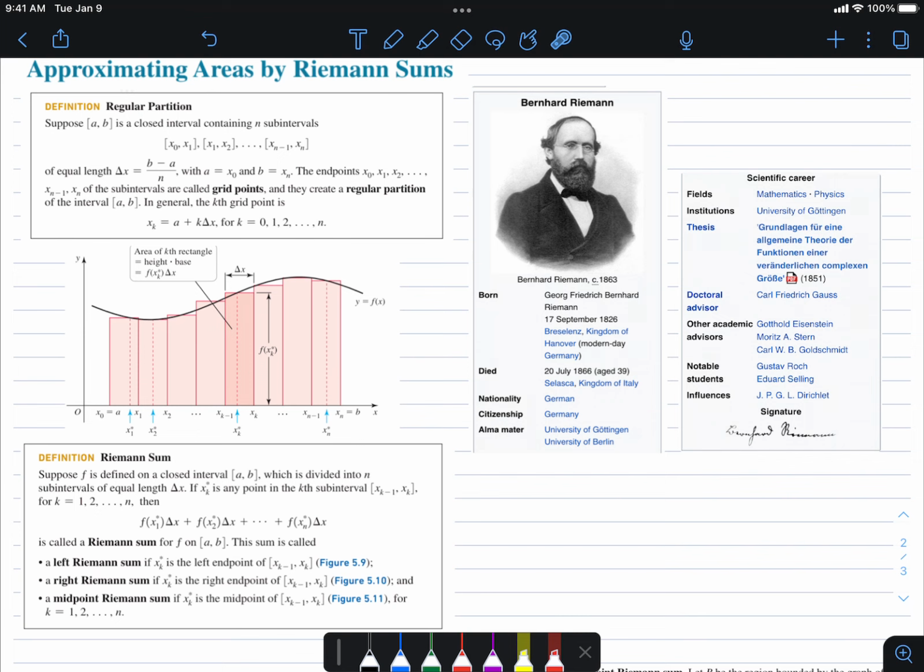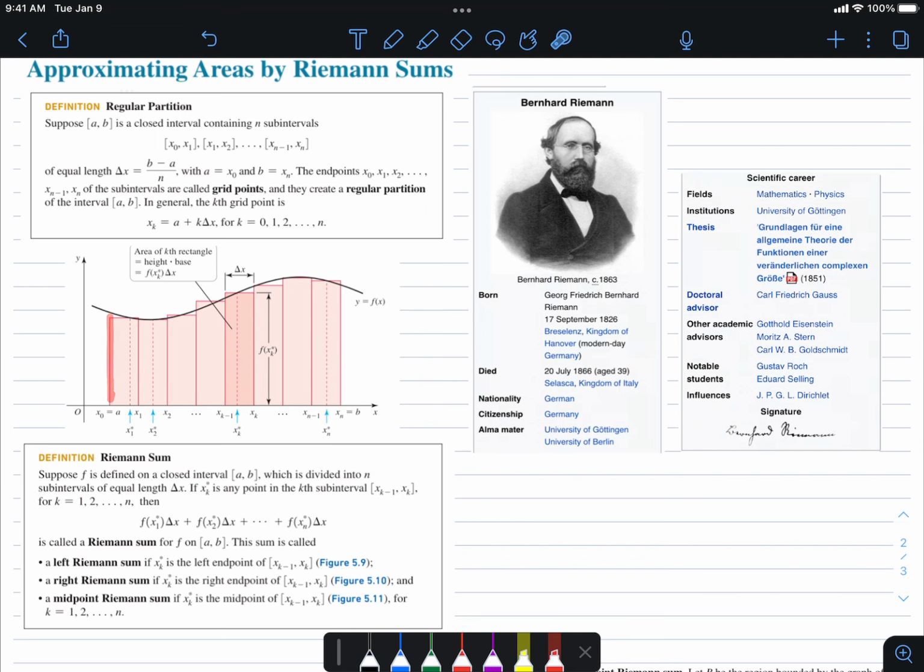So each rectangle will have area base times height. The base is delta x, the size of each subinterval, so b minus a over n, the whole thing divided by how many subintervals we have, times the height, and I chose f of xk star, whichever xk star I decide inside of the subinterval, to be the height.